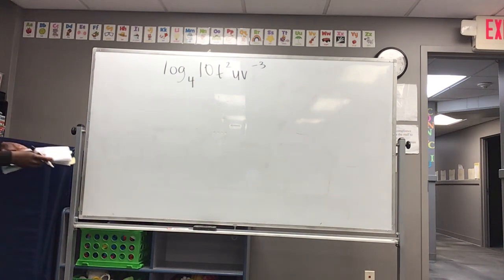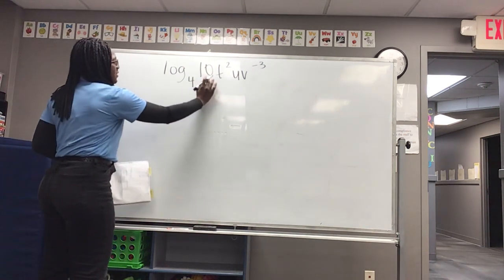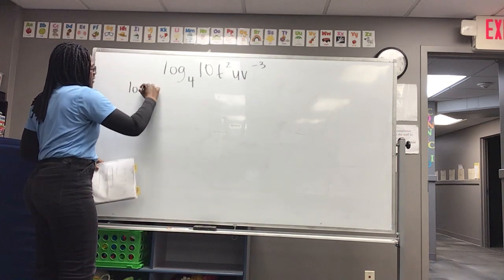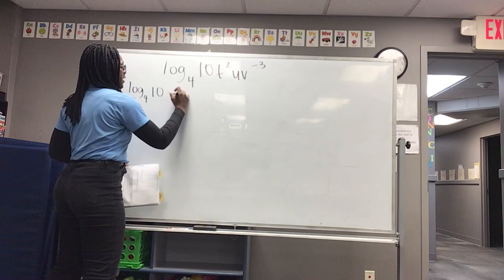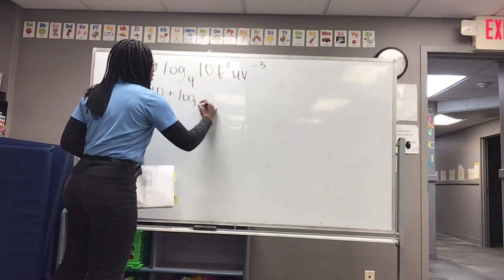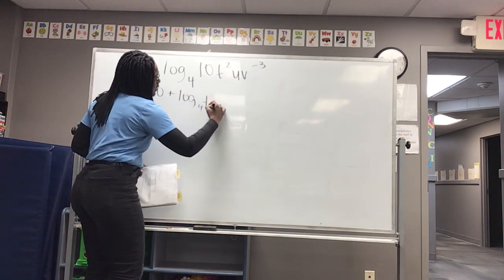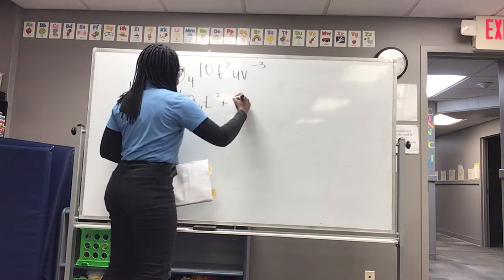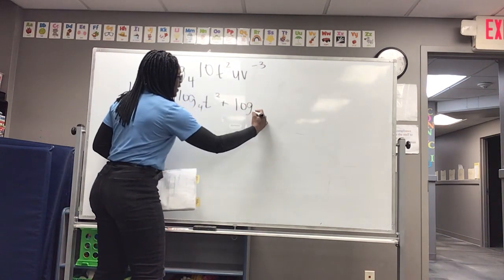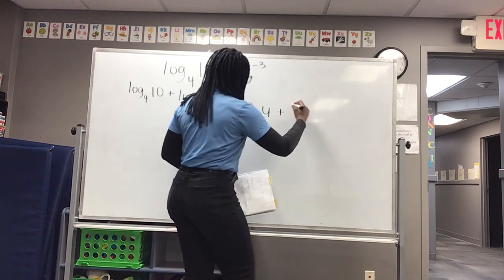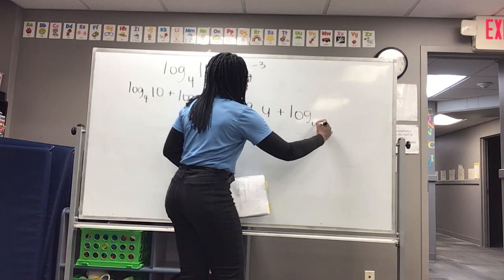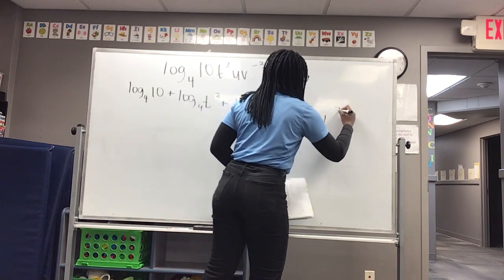Okay, we'll start going over this one. So if I were to expand this, I'd take out the 10, so log base 4 of 10. We're multiplying here, so that becomes plus log base 4 of t squared, plus log base 4 of u, we gotta keep the 4, and then plus log base 4 of v to the power of -3.